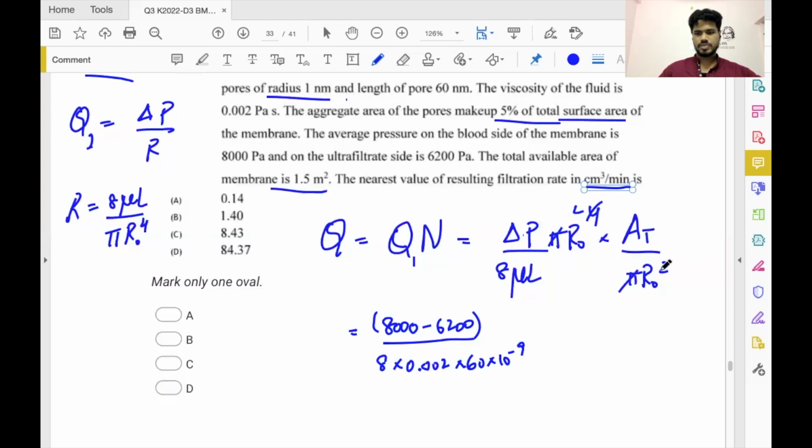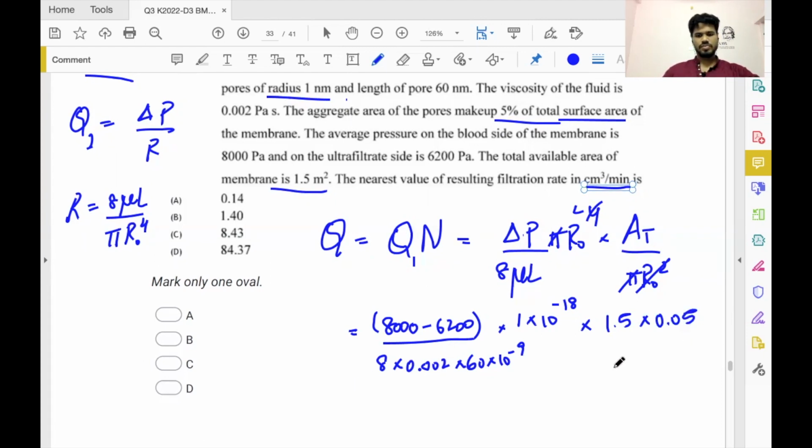This becomes R square, and pi R naught square gets completely cancelled. So we have R naught square, 1 into 10 power minus 18 meter square, times the area, that is 1.5 meter square, only 5% of that, 0.05.